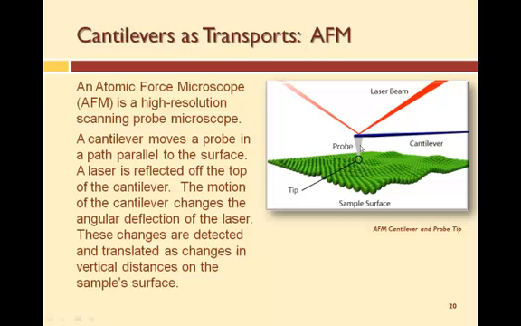As this moves up and down, the reflected laser beam will move. And if you have a position-sensitive detector, you know exactly how far up or down that cantilever is moved. And you can translate the motion of the reflected laser beam to what's happening at the tip. Okay?